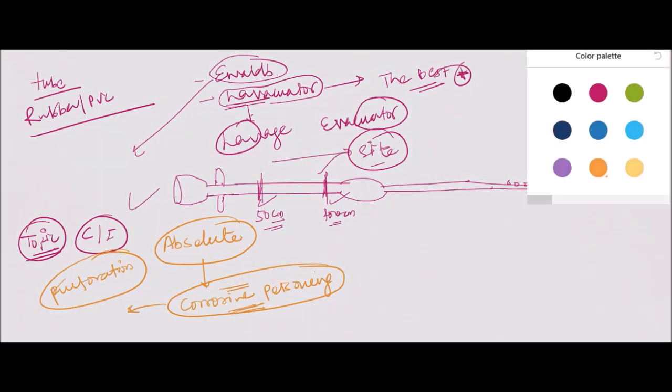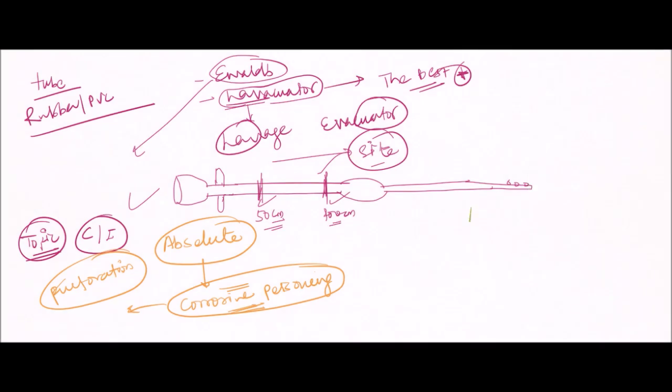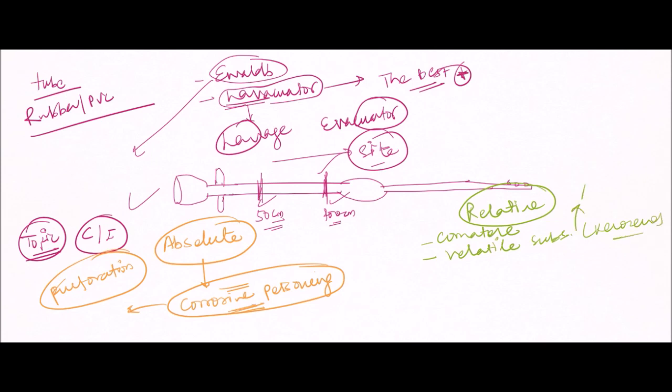Then we have relative contraindications. If the person is comatose, obviously gastric lavage cannot be done. Or if the patient has ingested any volatile substance like kerosene or hydrocarbons, because there are more chances of aspiration.